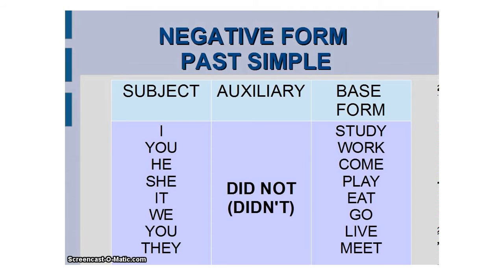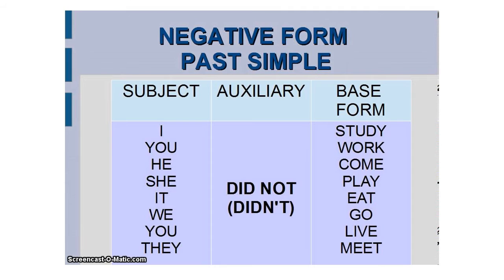Por ejemplo, si quiero decir yo no estudié en pasado, yo no estudié, tengo que utilizar el auxiliar didn't. I didn't study. Si quiero decir, por ejemplo, ella no jugó, diré she didn't play o she did not play. Nosotros no comimos. We didn't eat, okay, in the past form.